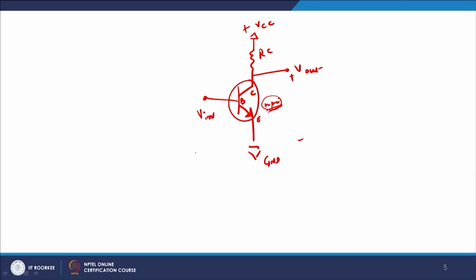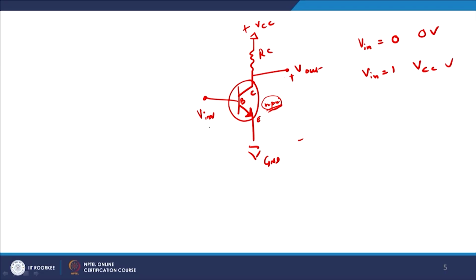Let us look at the digital part of it. If my V in is 0 or my V in is 1, where 1 means, let us suppose, VCC or a large value, and 0 means 0 voltage. This is the condition which I am maintaining.